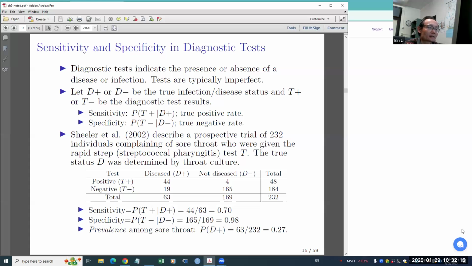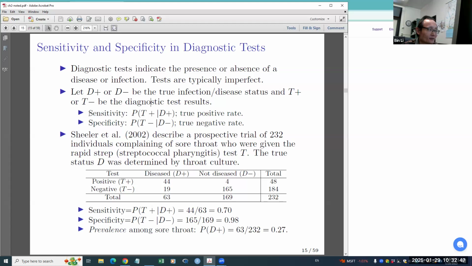Here, suppose we have a particular disease. D plus means the true infection. D minus means not infected, there's no disease. T plus means the test result is positive. T minus means the negative test result.